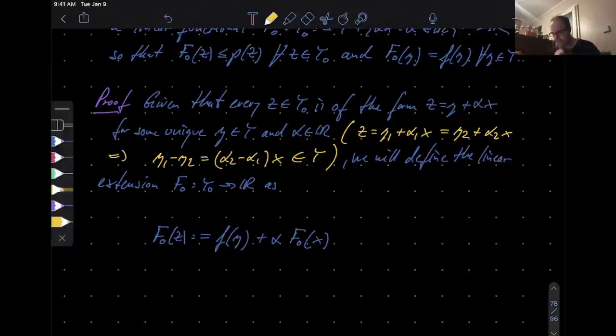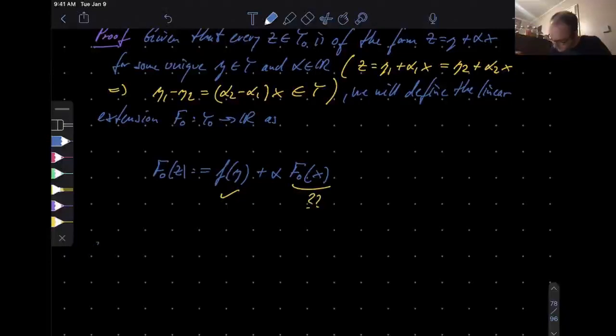Okay, and at the moment, the first one is known because f is given in the statement of the theorem and this proposition. This here is yet unknown, so this I still have to define, but that's at least the idea of what I'm going to do, right?